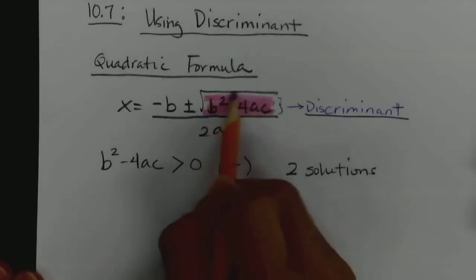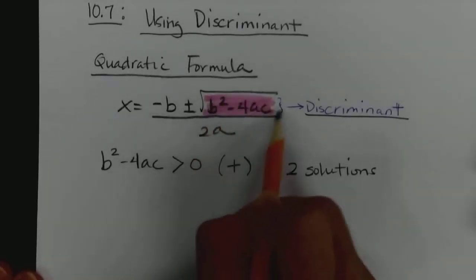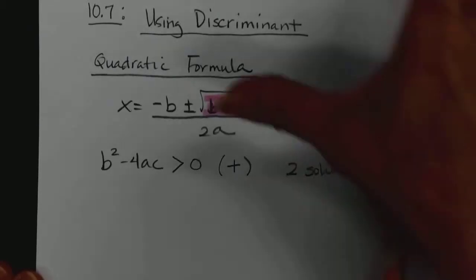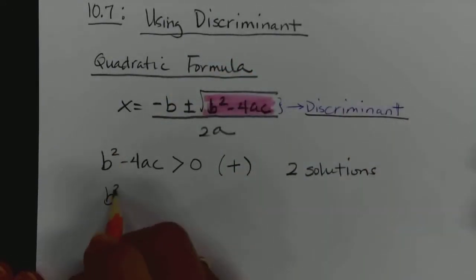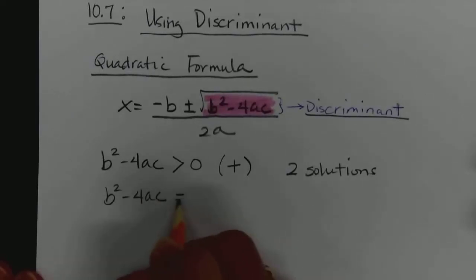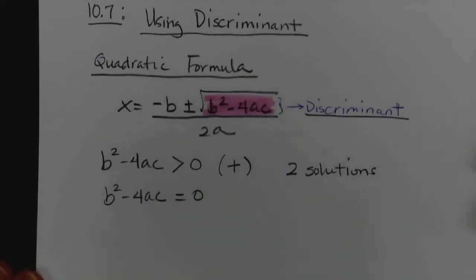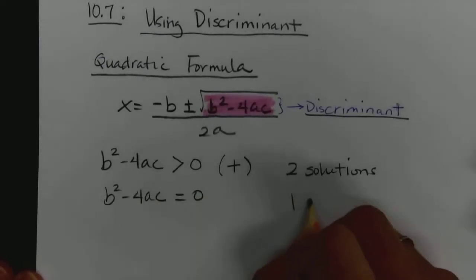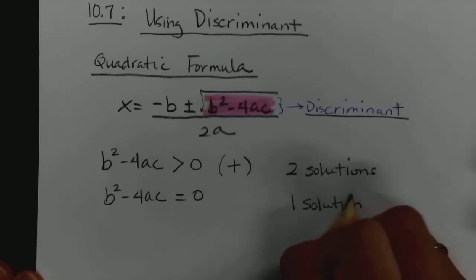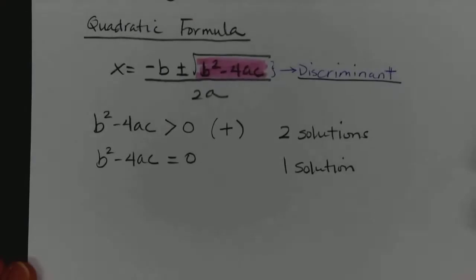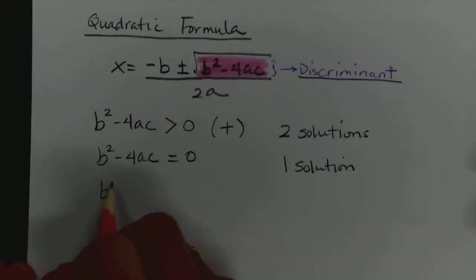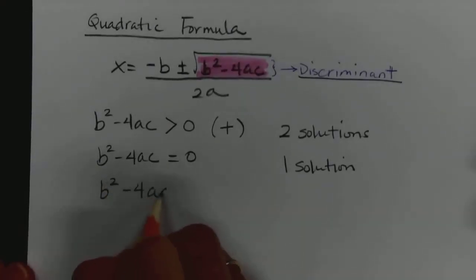And remember when I said when this is 0, this whole part goes away? So if b squared minus 4ac is equal to 0, you have 1 solution. And now remember, we can't take the square root of a negative number, right?